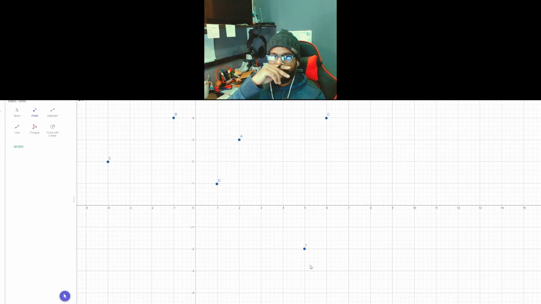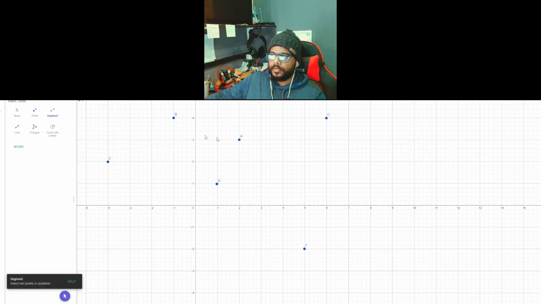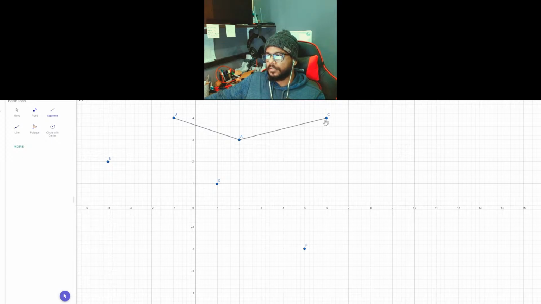Now, a straight line can be drawn between any 2 points. So if I connect any 2 points on this graph here, I'll get a straight line. If I connect the point A to B, that's a straight line. If I connect A to C, that's a straight line. If I connect E to D, that's a straight line. If I connect A to F, that's another straight line.